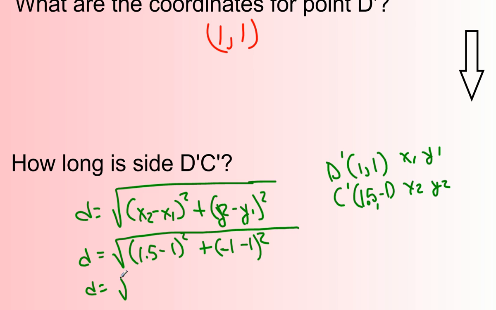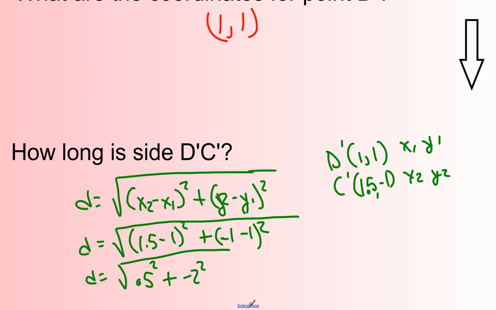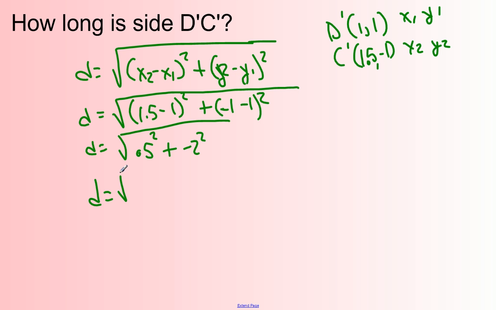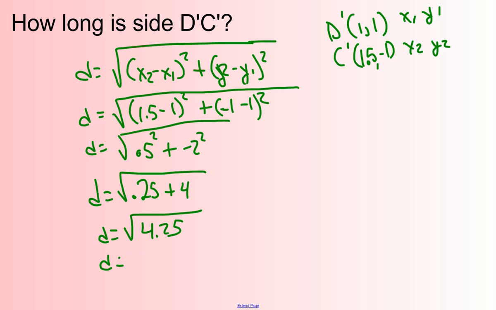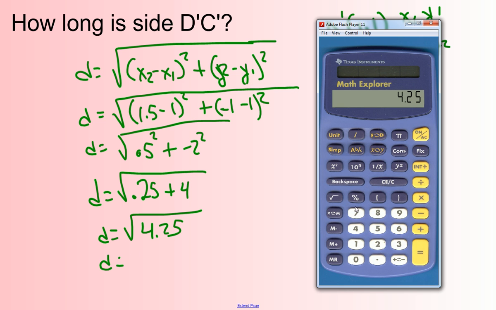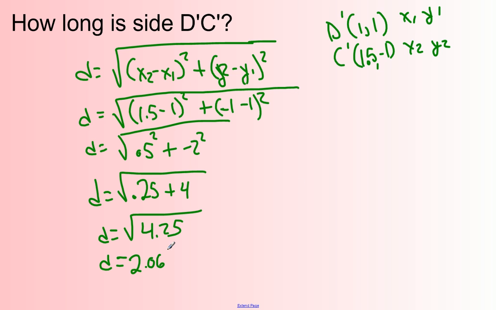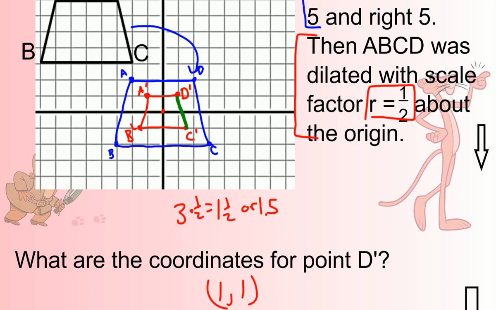That would be 0.5 squared and negative 2 squared. 0.5 squared would be 0.25. Negative 2 squared would be 4. Add those together and you get 4.25. And finally, square root that. The square root of 4.25 is about 2.06. That is the length of side DC.